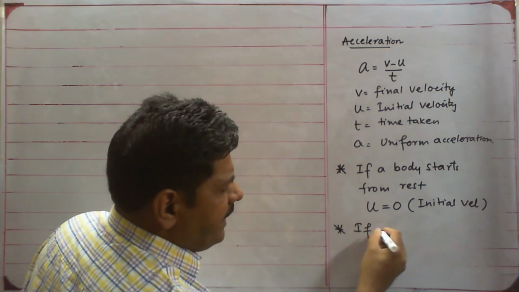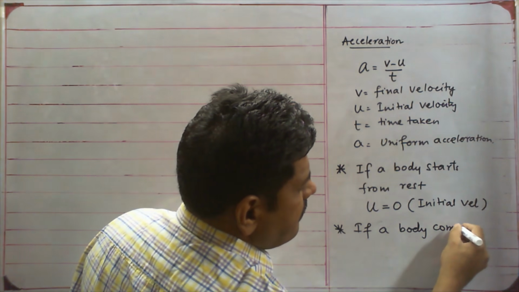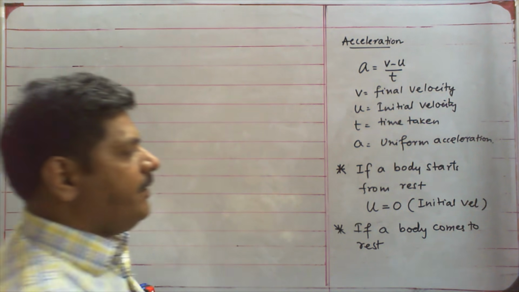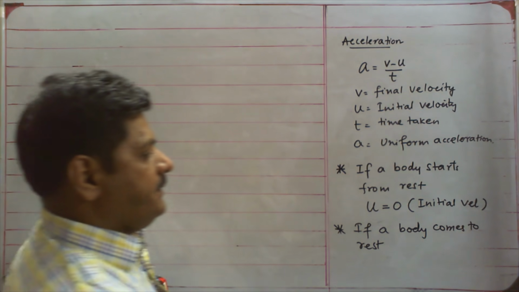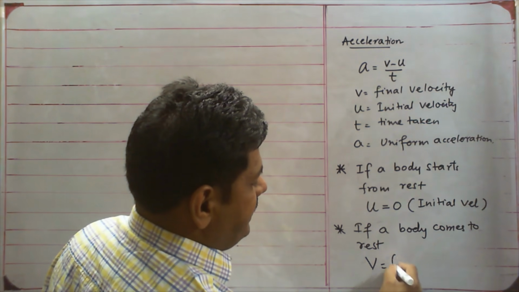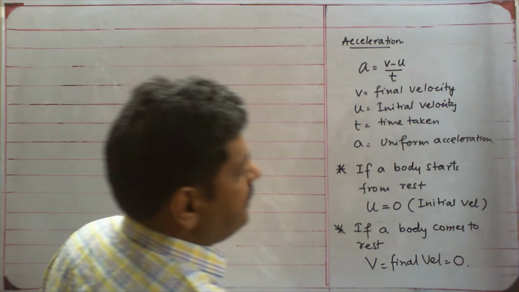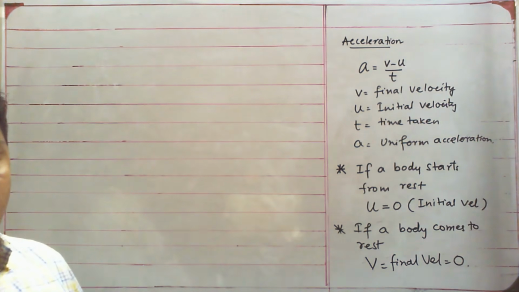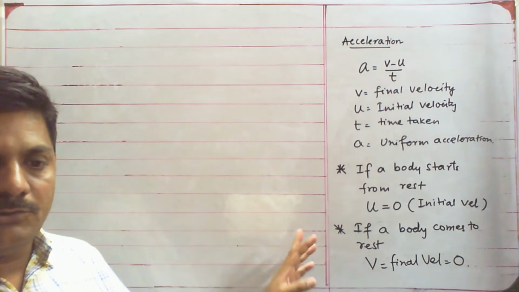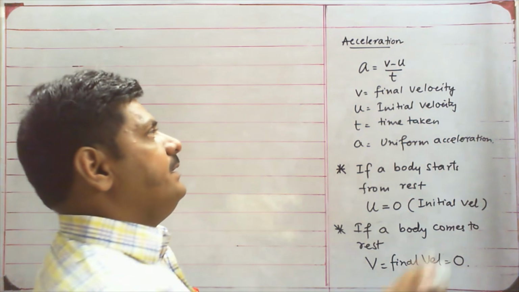If a body comes to rest, it's a very clear indication that the final velocity is equal to 0. So if you read the question very carefully, these type of sentences are usually given in the question. It's not always to find acceleration.